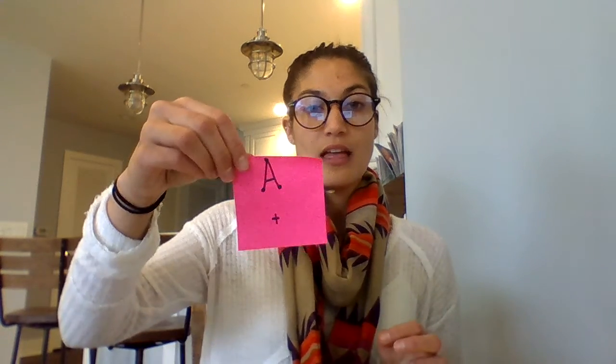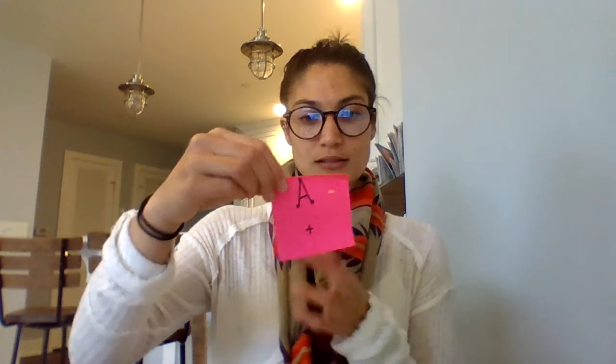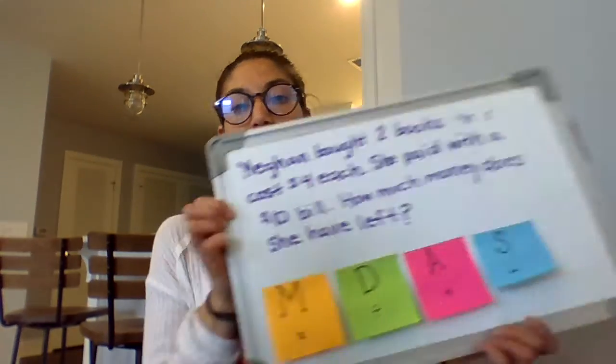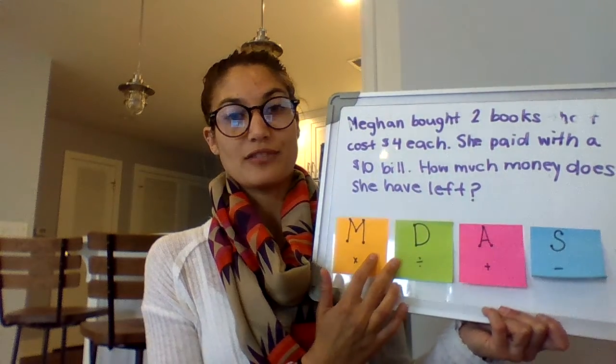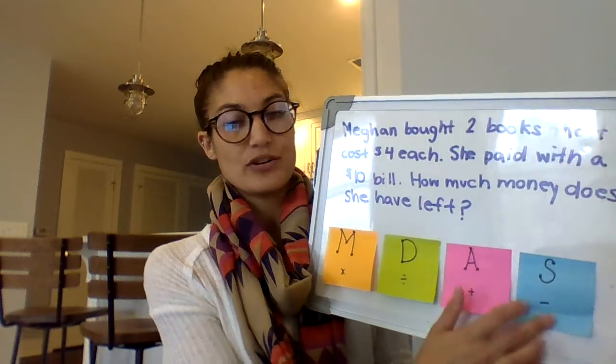So you're always going to want to multiply or divide first when you have a number sentence with multiple operations in it. Then we have A, the DOES, for add. And then we have the S, which is subtract. So this is the order that you want to solve a problem in. First, you're going to multiply or divide, and then you add or subtract.